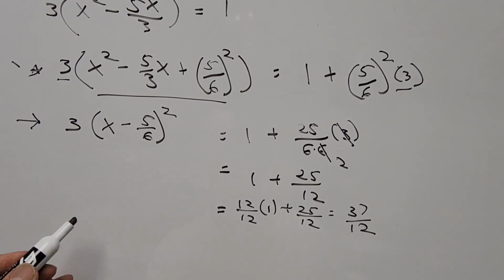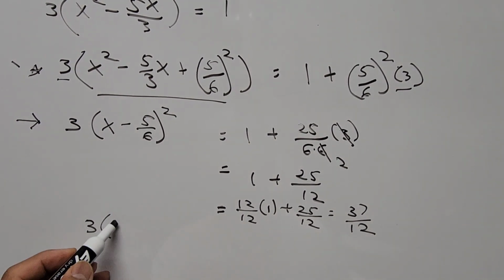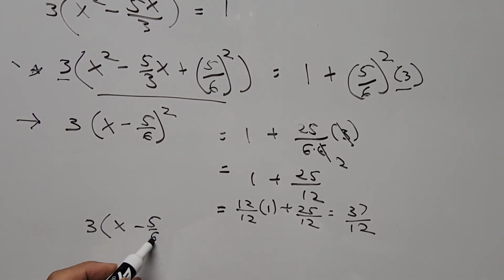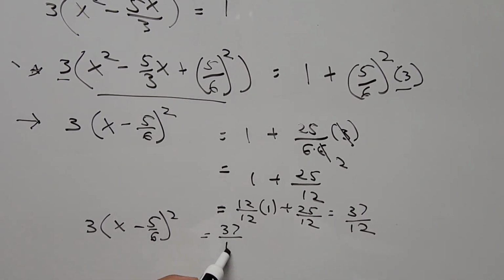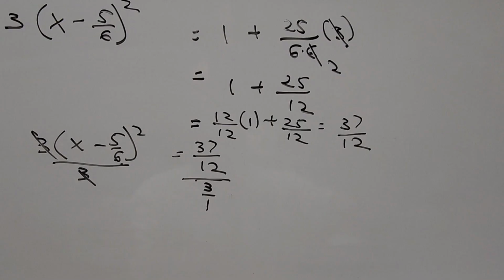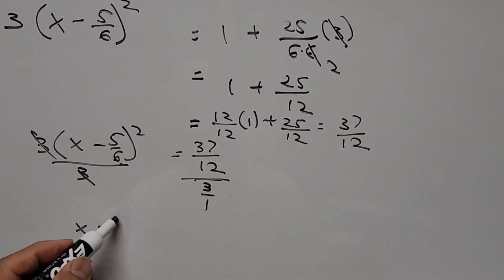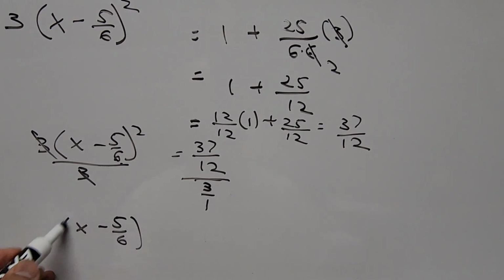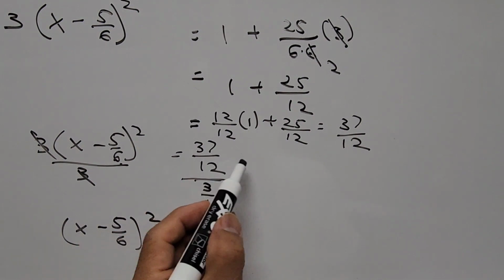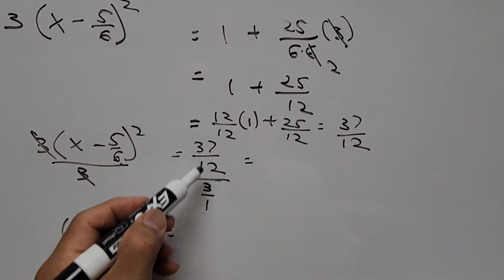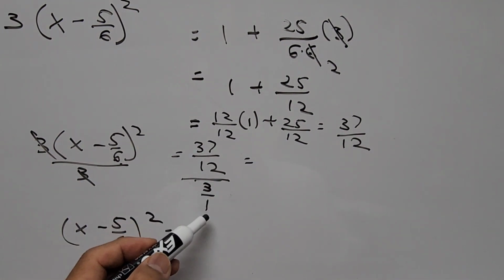So we have here the whole equation now: 3 times the quantity (x - 5/6) squared equals 37 over 12. Divide the whole equation by 3 since we have a coefficient of 3 right there. And 3 here can be written as 3 over 1. So we have (x - 5/6) squared is equal to, now the right hand side will be transformed to 37 over 12 divided by 3 over 1.